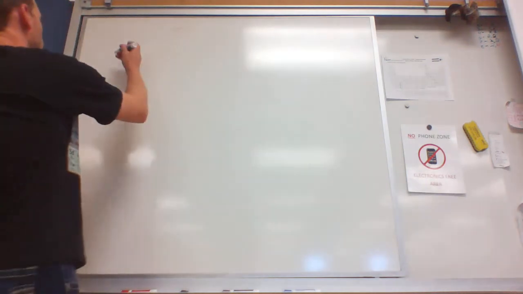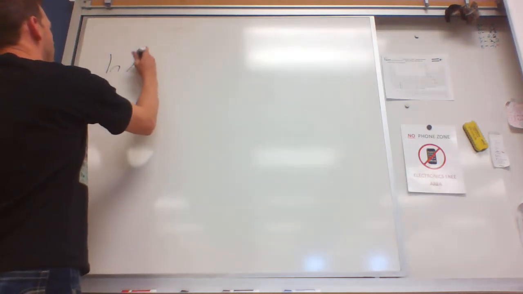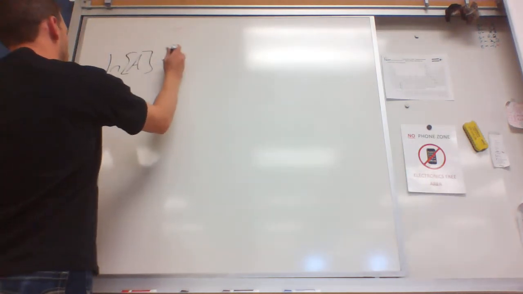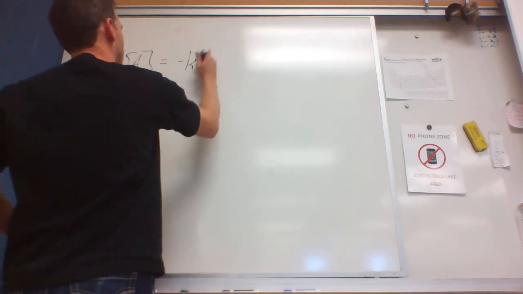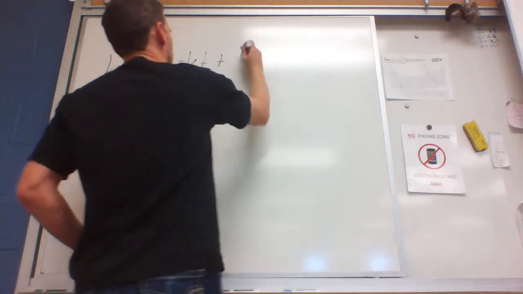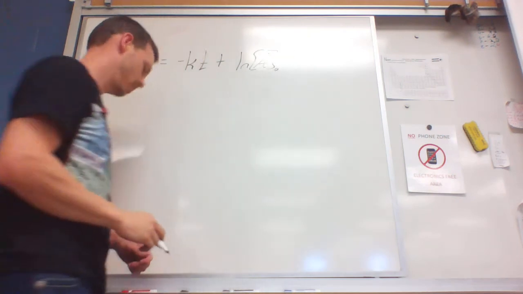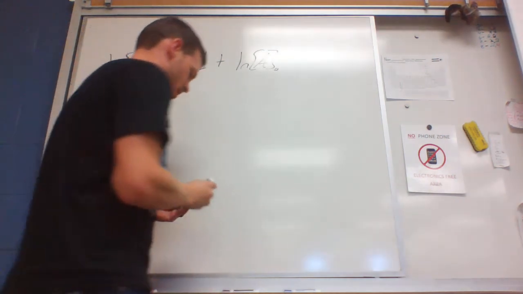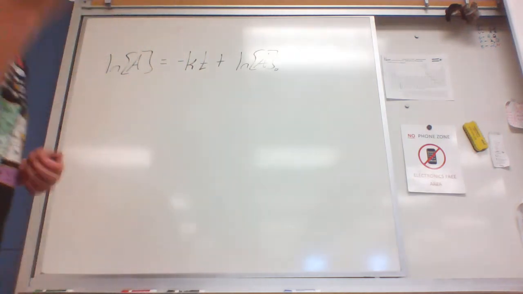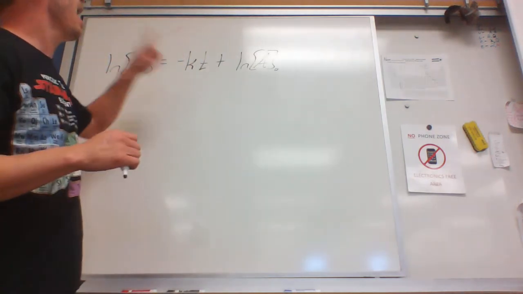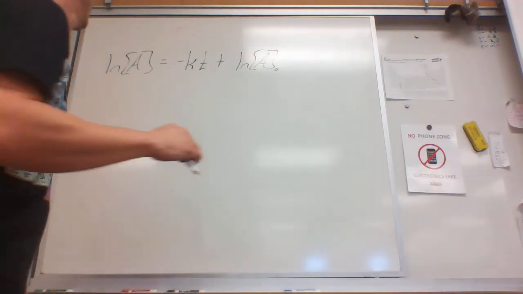So I'm going to use the equation ln A equals negative kt plus ln A naught. We're going to plug in some numbers. Hey, I've got everything but k this time.